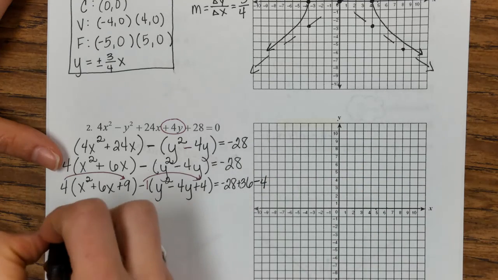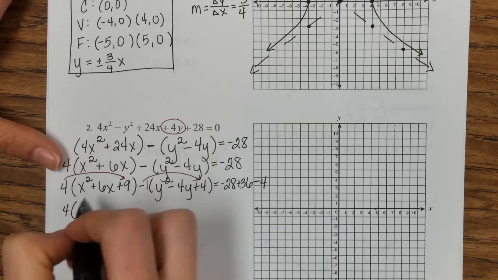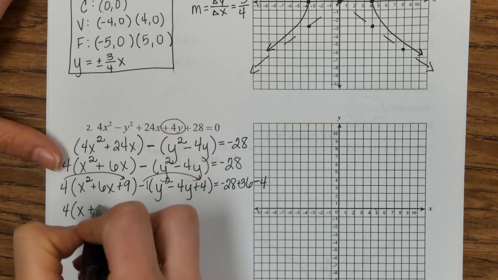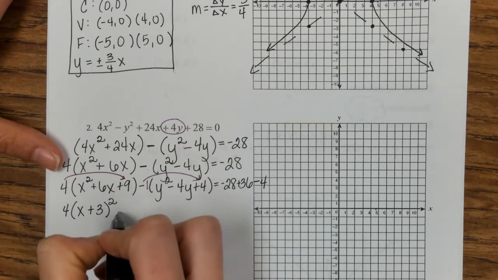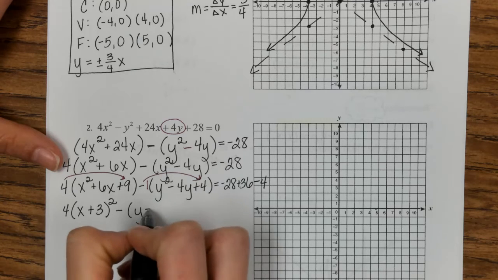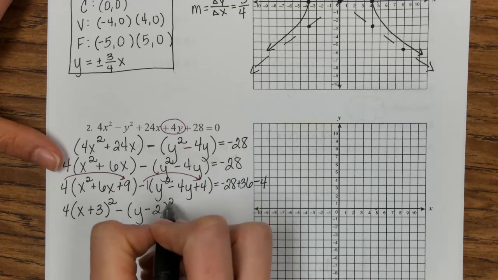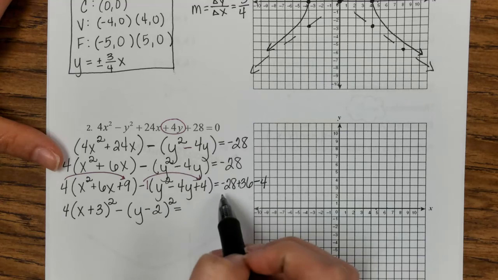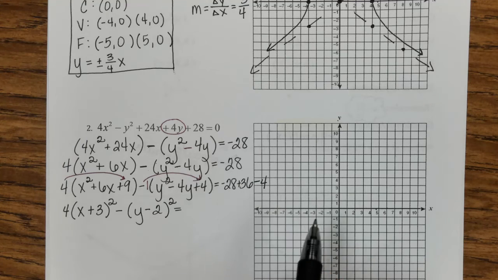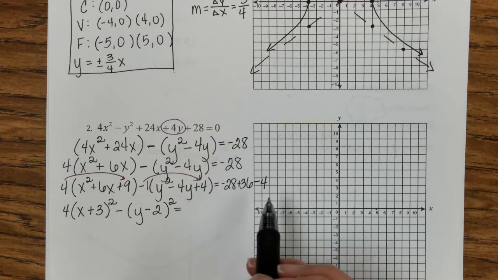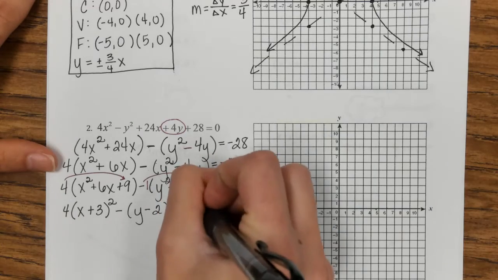Okay, so I've got 4 parentheses. My factored form is x plus 3 squared minus y minus 2 squared equals negative 28 plus 36 minus 4 is going to give me a positive 4.